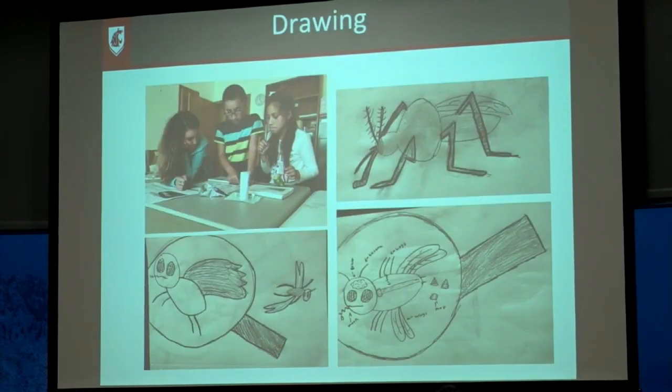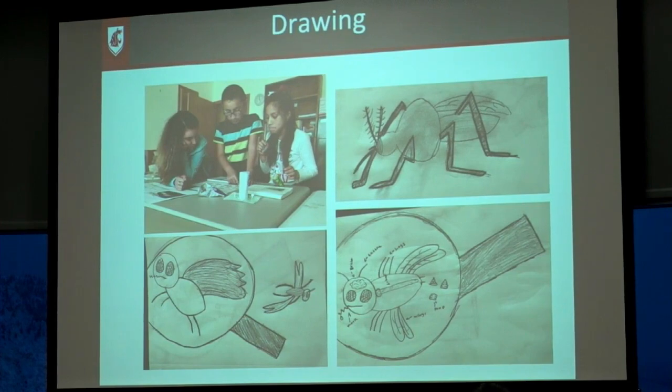Yet another art modality is drawing. So we practice different skills in drawing, everything from shading to stippling to cross-hatching. We then provided the students with live mosquito material as well as reference photographs and scientific illustrations, and asked them to make their own drawings of mosquitoes.